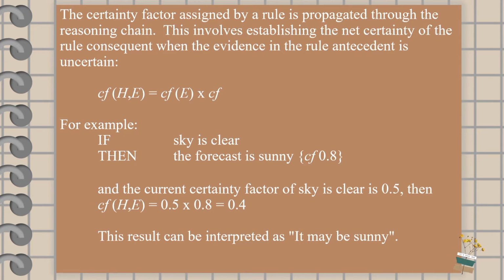Then the certainty factor is 0.4, because 0.5 times 0.8 is equal to 0.4, and the result can be interpreted as it may be sunny, because the term used for 0.4 is maybe, and it may be sunny.